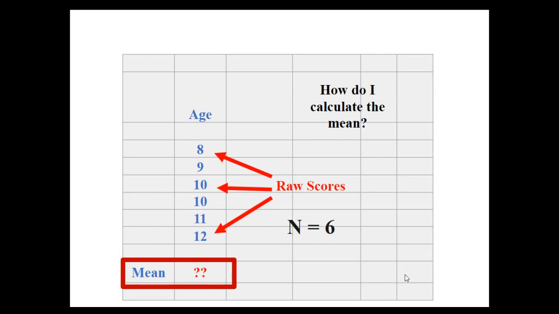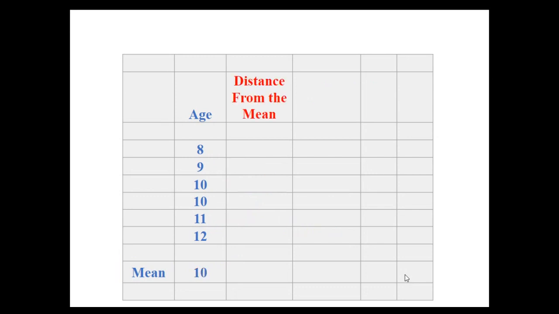Okay, I did the calculations too, and what I got was the mean of these scores is 10. So that means if you add these 6 scores together, you get 60, and then you divide by 6, and that gives you 10. That's the mean. Okay, now we're going to calculate the distance from the mean for each of the raw scores.